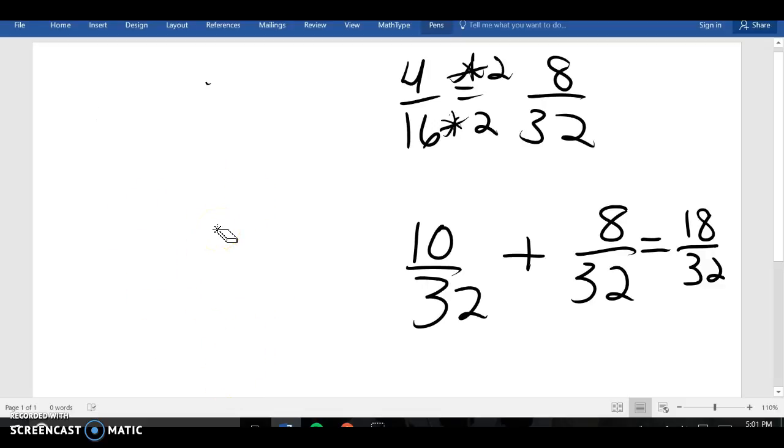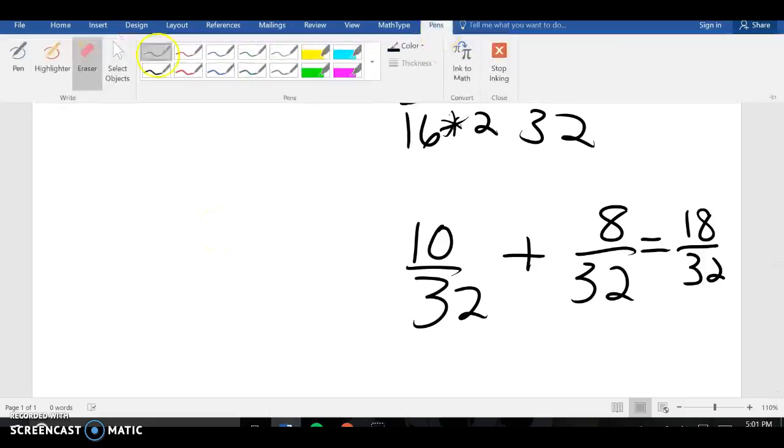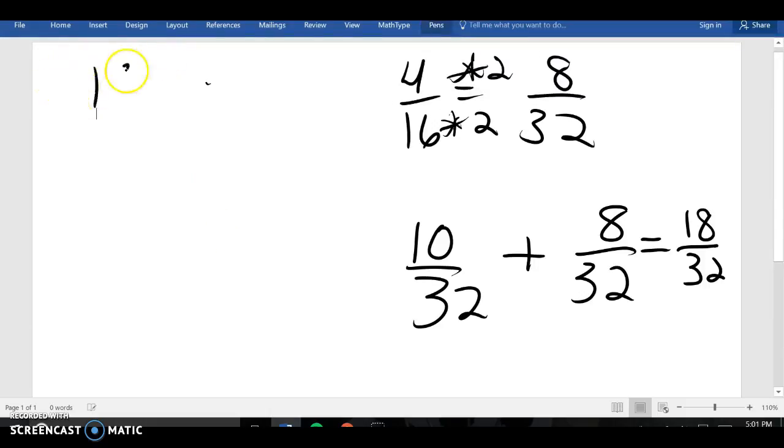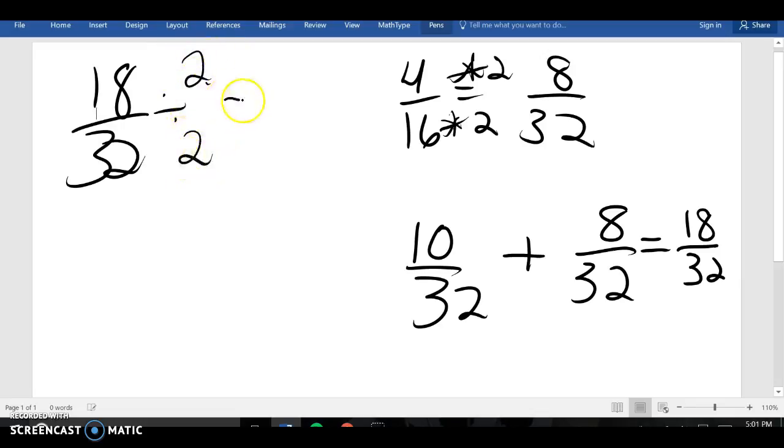Okay, so we've got 18/32. My best bet is to find my GCF and divide by that, but if that's not something you're comfortable with, just start with 2. You know, they're both even numbers. If I divide that by 2, I get 9 over 16. And do 9 and 16 have any factors in common? No. So this is our simplest form.